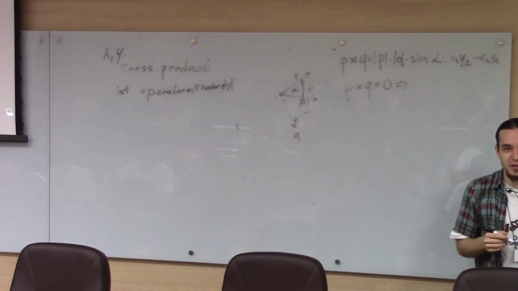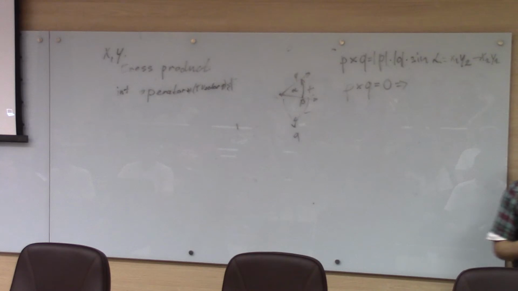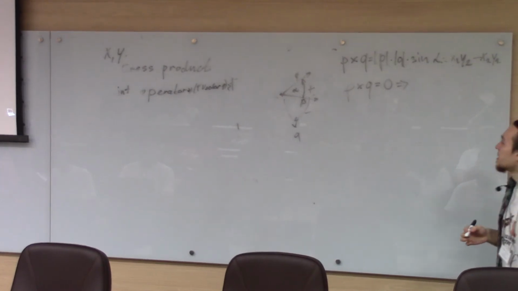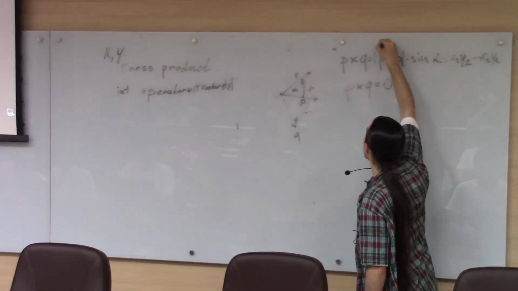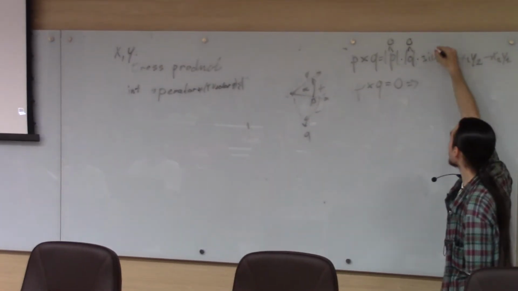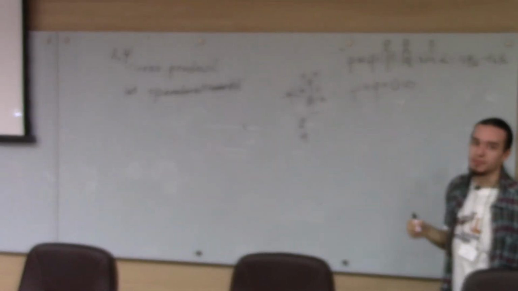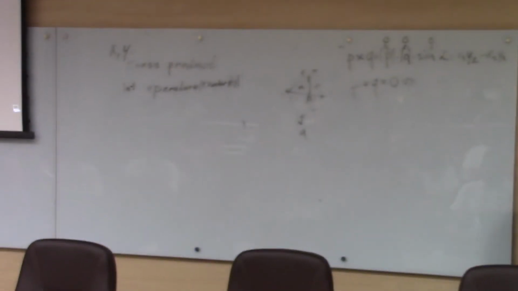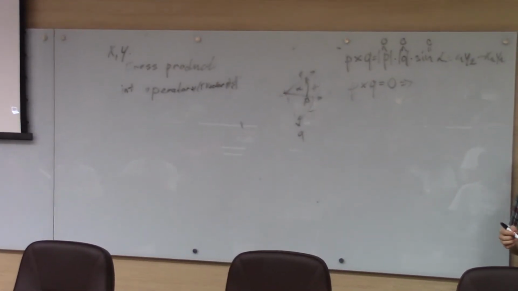What kind of information do we gain from that? Again, this is positive, this is positive. So if this is 0, then the sine must be 0, right? Okay. So which angles have sine equal to 0? Yes, it's 0 and 180.